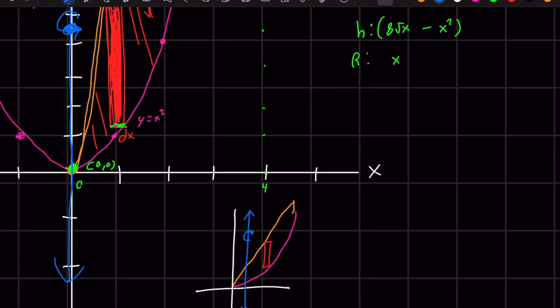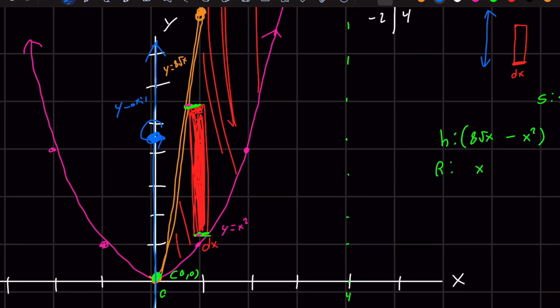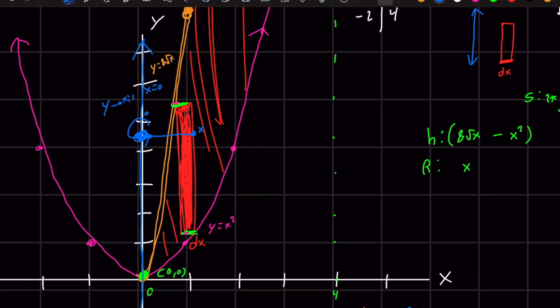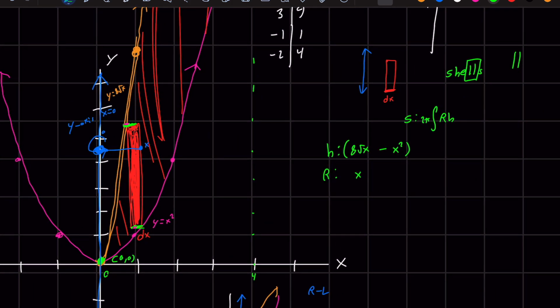Well, our radius would now be from right to left again, where right here is x, but then right here is 1 at this line. So the radius here will be x minus 1, because you're always going right minus left. The y-axis that we have lies at x equals 0, so this is x minus 0, and our radius is just going to be x.